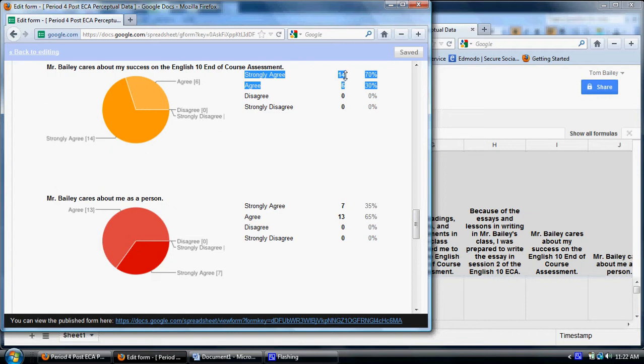Notice how they strongly agree about the end of course. So they have stronger feelings about my caring on the test. And even though they agree that I cared about them as a person, it wasn't as strong as it was on the test. And I can tell you the reason is, number one, the message of our school is that you will pass this exam, and that your teachers are going to be evaluated on how you pass that exam.